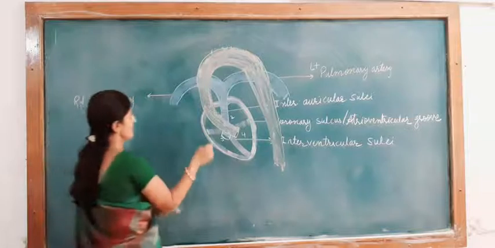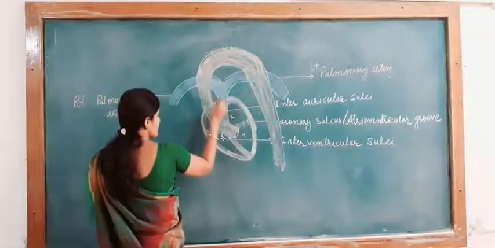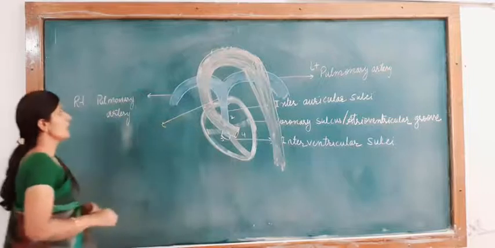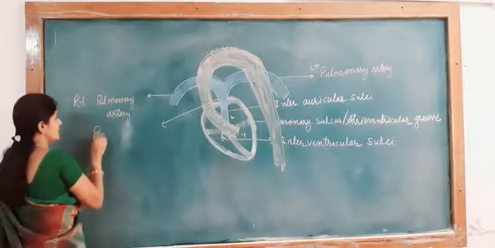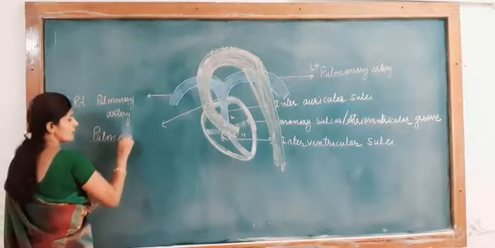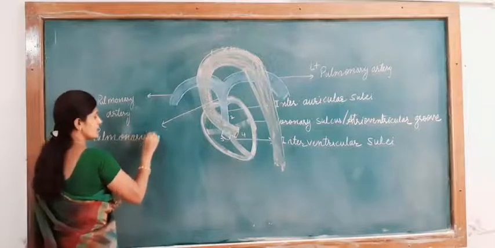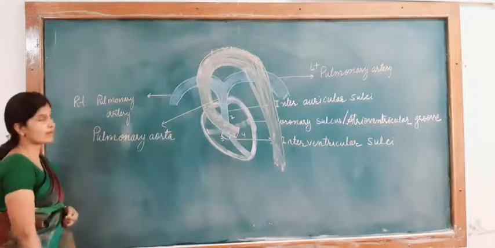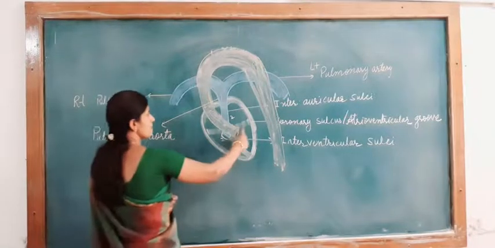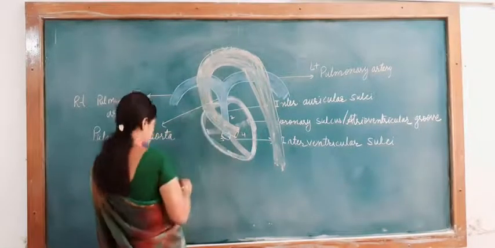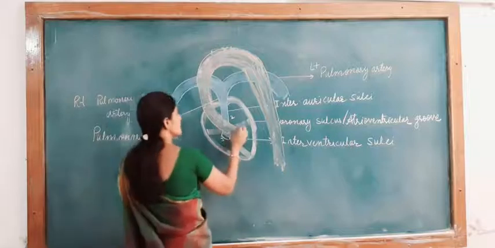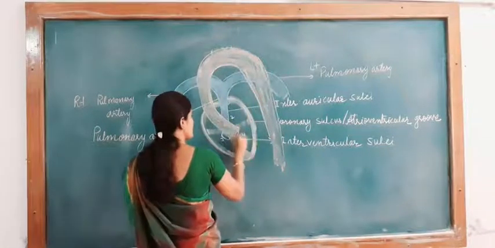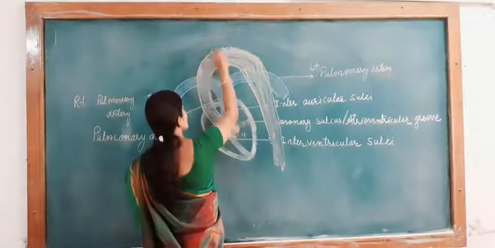What arises from the right ventricle is the pulmonary aorta. And the bigger one, which is red in color and drawn here, is the systemic aorta.